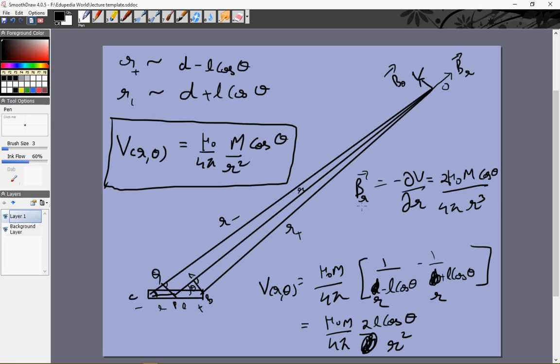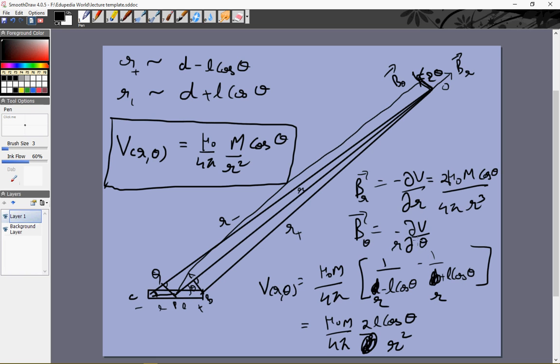Right, also B theta. Now here some people might make the mistake and say minus del V by del theta, but theta does not have the same dimensions as r, and if you change theta by a small amount, this point will move here, but the distance moved will actually be r delta theta, not delta theta. So this will be minus del V by del (r theta), or minus 1 by r del V by del theta, because theta is the only thing that is changing.